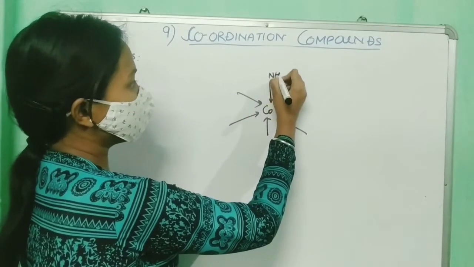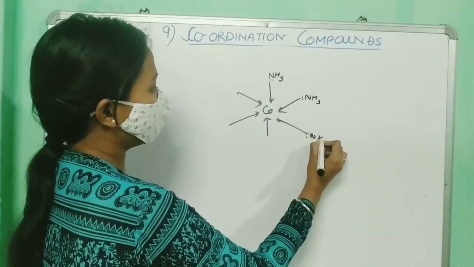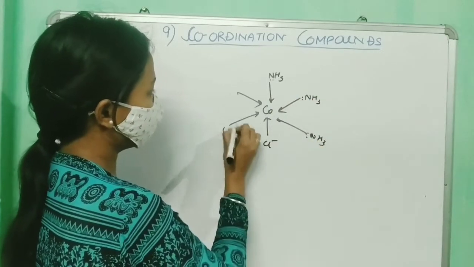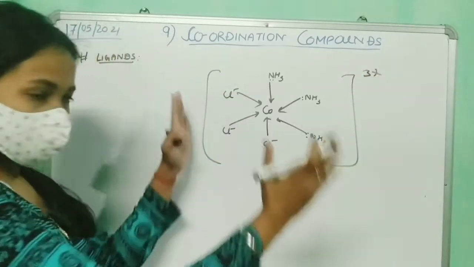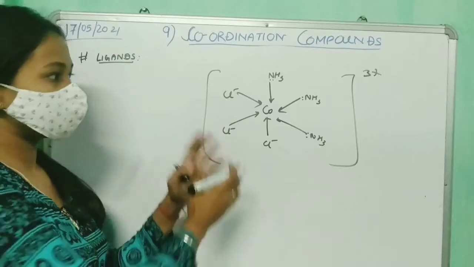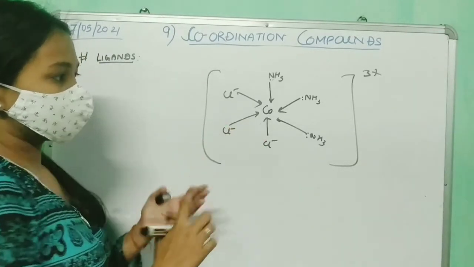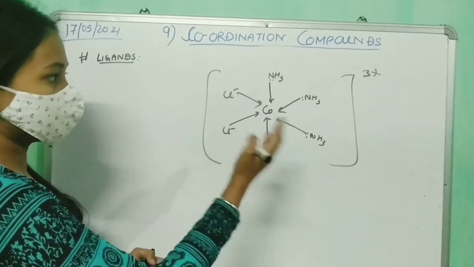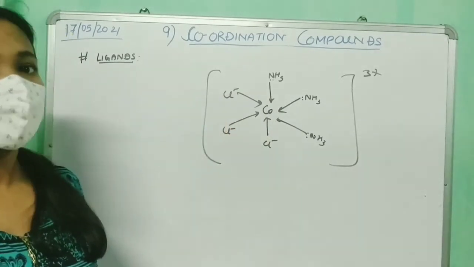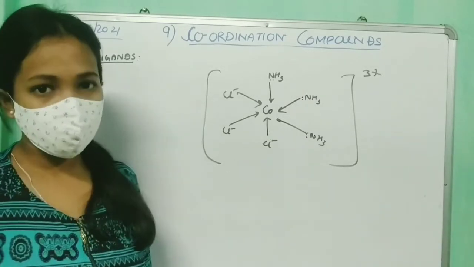So suppose neutral molecules, ammonia I am taking here, and ions, let me take chlorine, Cl minus. So suppose this is your whole coordination compound, and here we can see clearly that there are 3 ions and 3 neutral molecules that donate a pair of electrons each to the central metal ion. So ligands are nothing but these ions or neutral molecules.